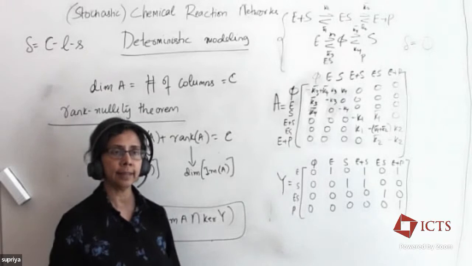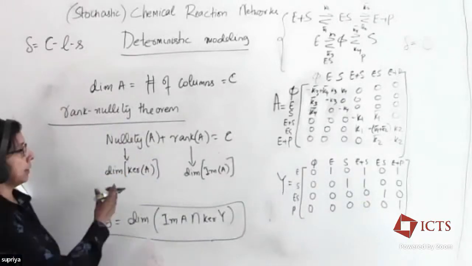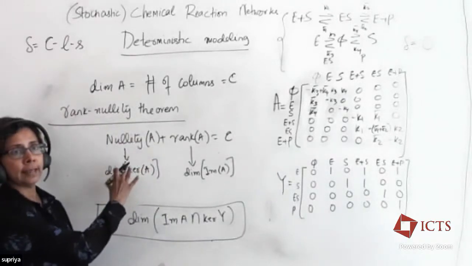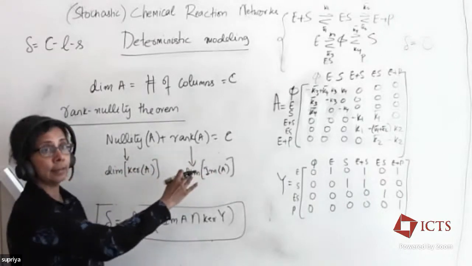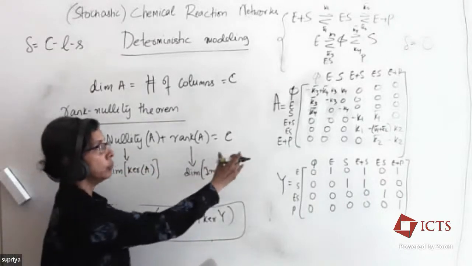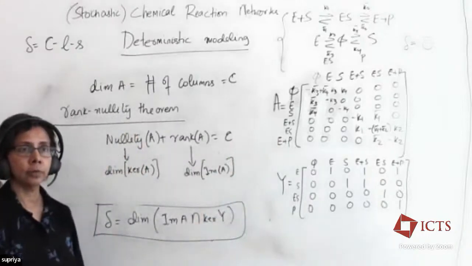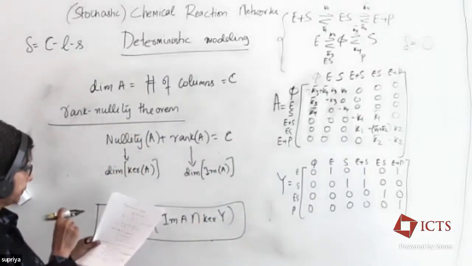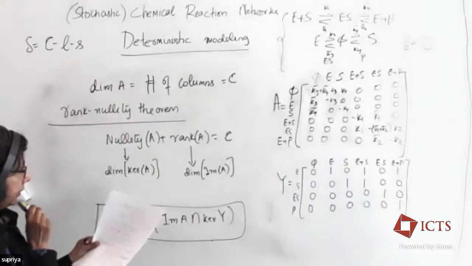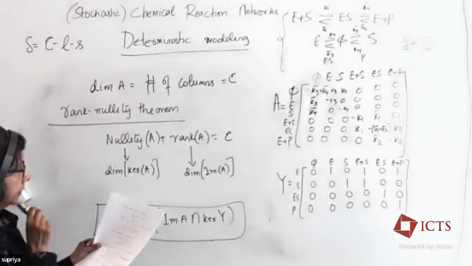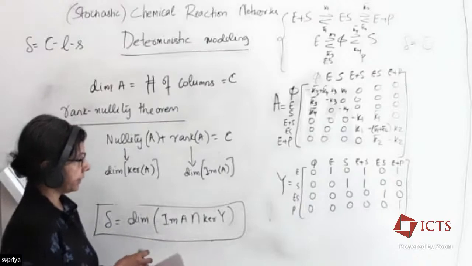And this statement is saying that the dimension of the space of vectors that it can annihilate plus the dimension of the space that it does not annihilate can at most be the number of columns. So let's just take a little example.